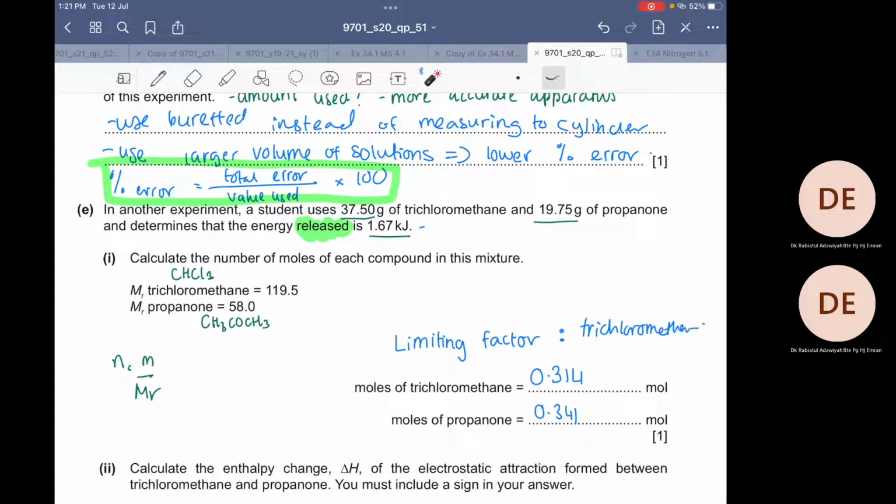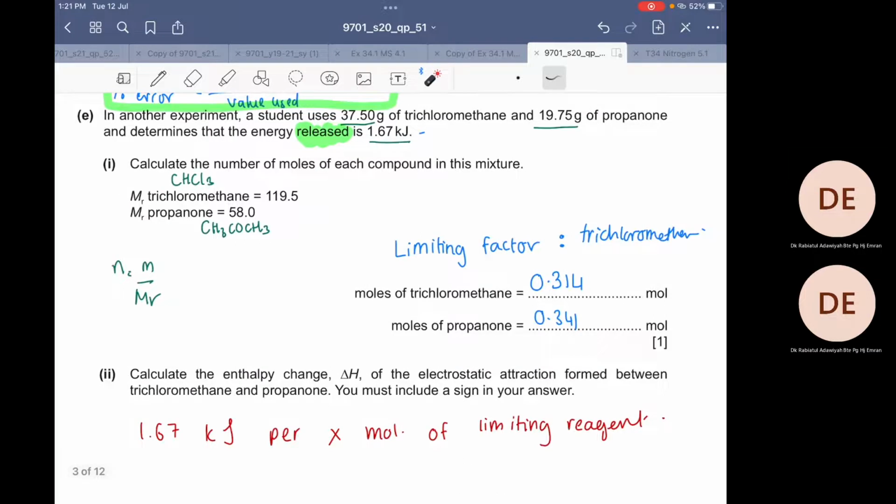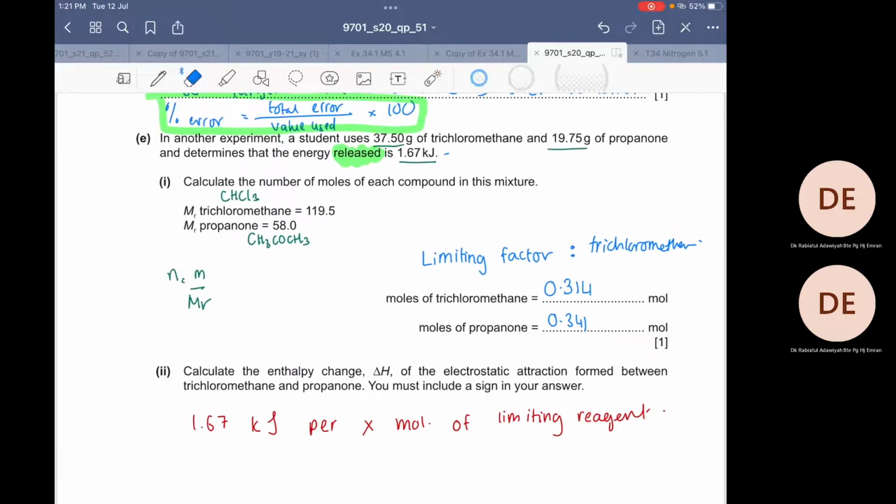The statement here said that the energy release is exothermic, a negative value. So 1.67 kilojoules is released per 0.314 mole of trichloromethane. Do you agree?